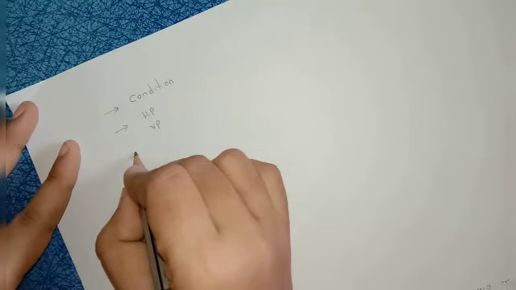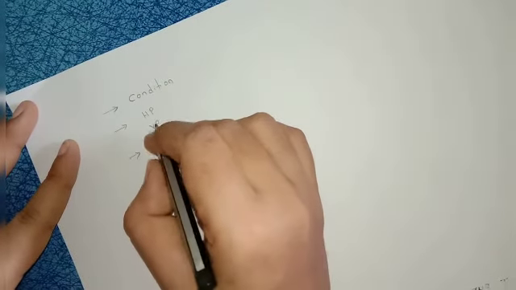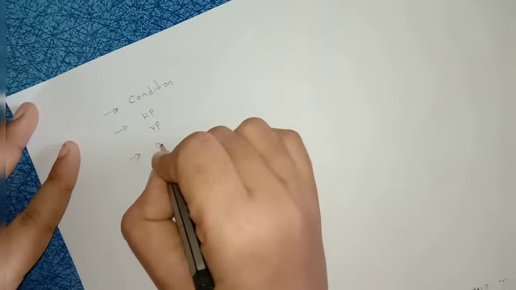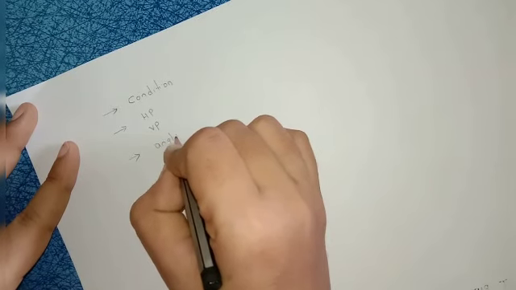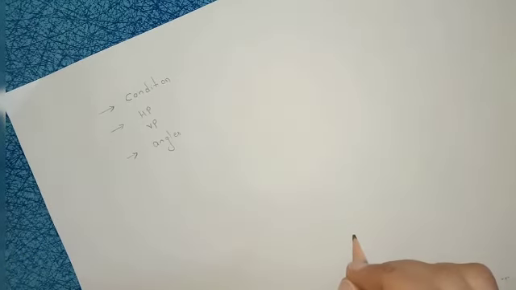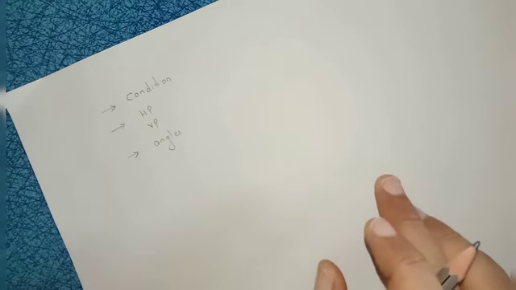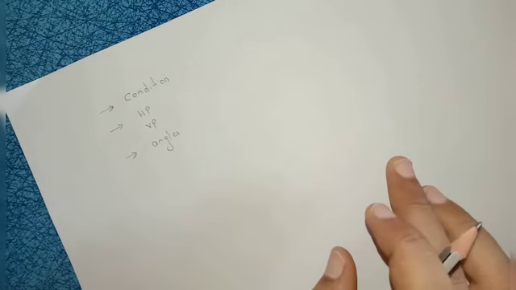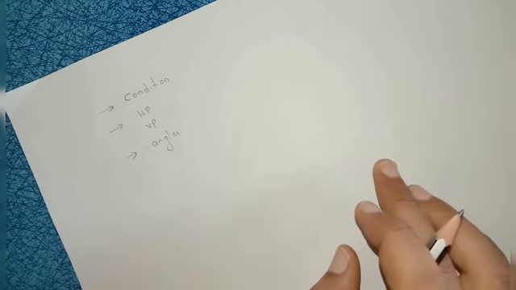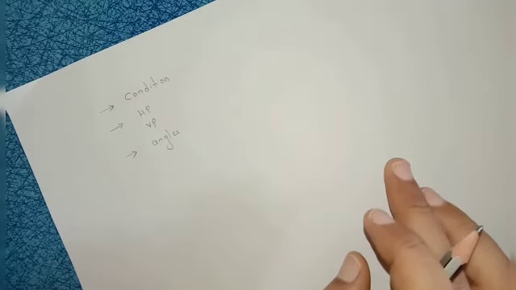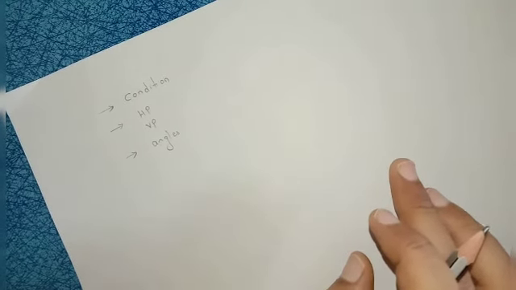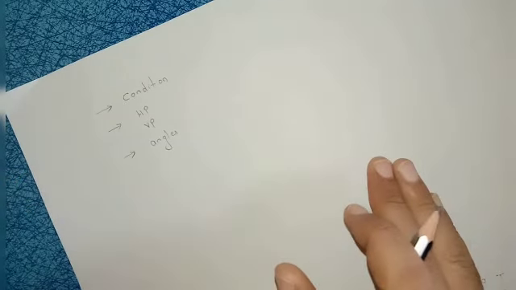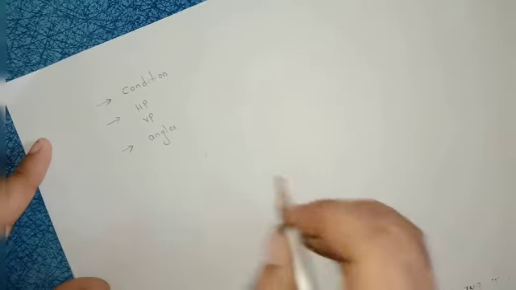And next they will mention the angles. Coming to these angles, previously we have solved the problems without any angles. That means in previous problems they mentioned only distances, so they didn't mention any angle. Now from this lecture, in the question they will mention angles.